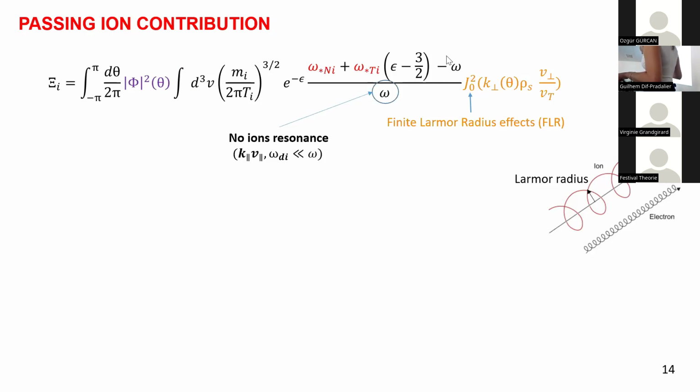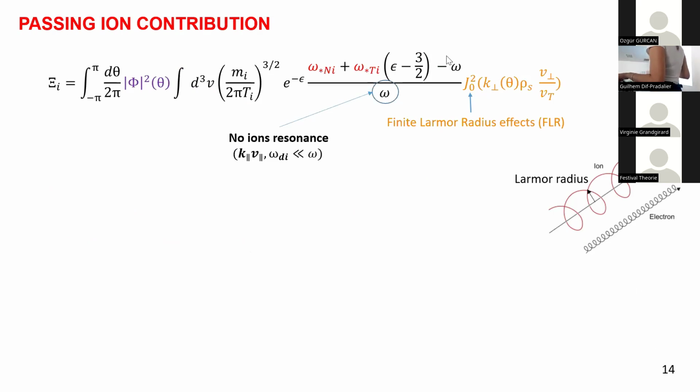In the denominator, you will notice that there is no resonance, differently from what it was for electrons. This is because we didn't want to include resonant interaction of ions. And we have an operator for finite Larmor radius effects.